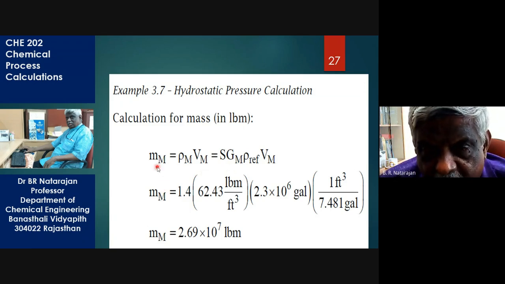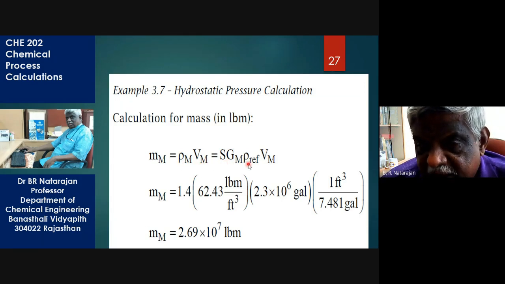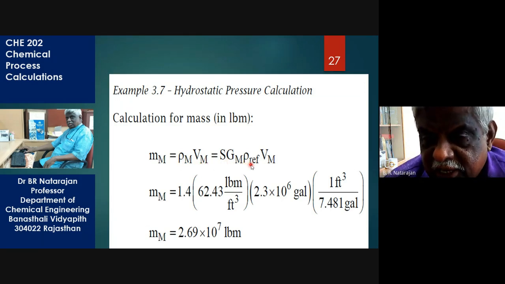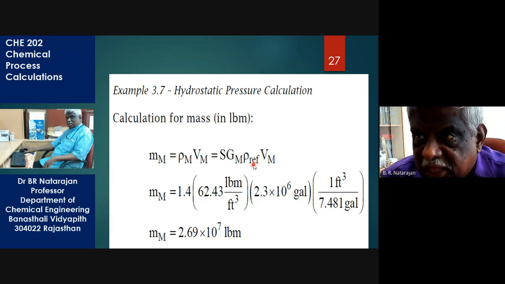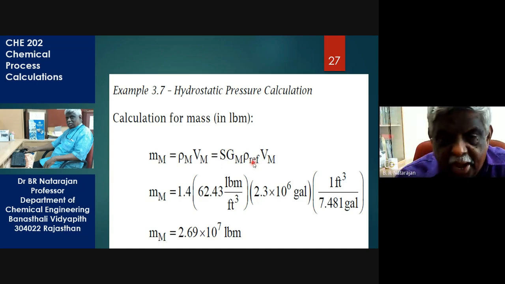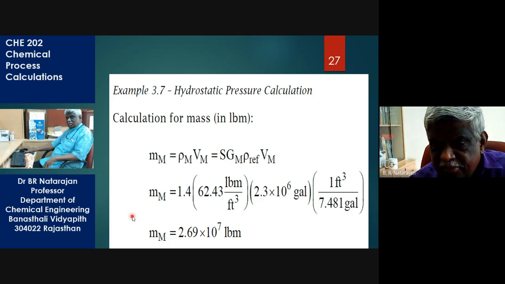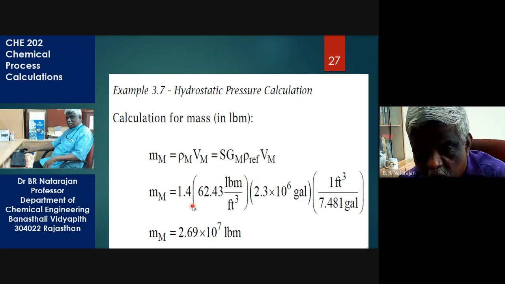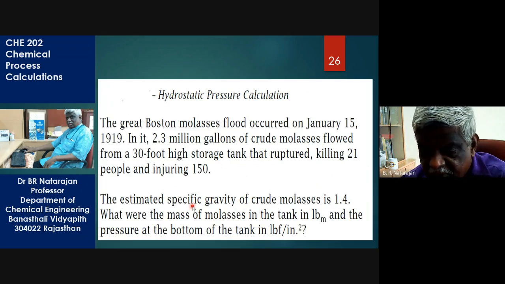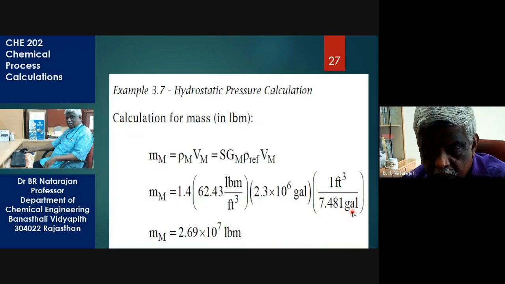See, the mass of molasses, and mass by volume is density. So density is specific gravity of molasses into density of the reference material. And when nothing is given, it is water, right? So reference material will be water, that we know by definition. So mass of molasses will be 1.4, that is the specific gravity, into density of reference, which is water.